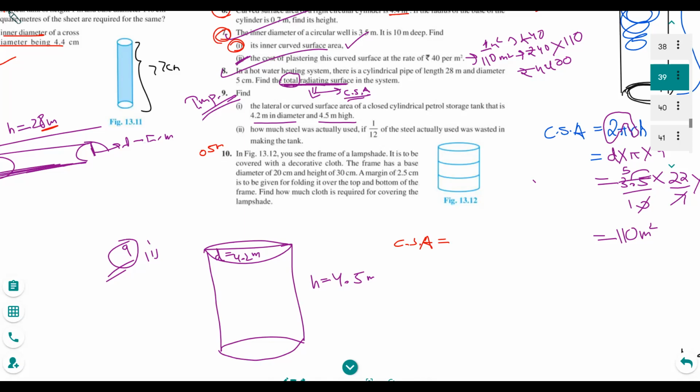Base 59.4 meter square. What about others? Waiting for everyone.